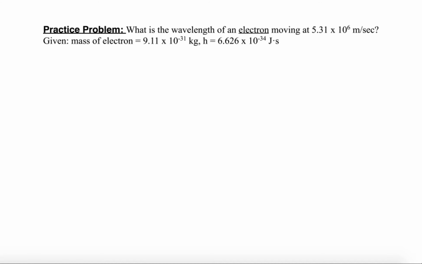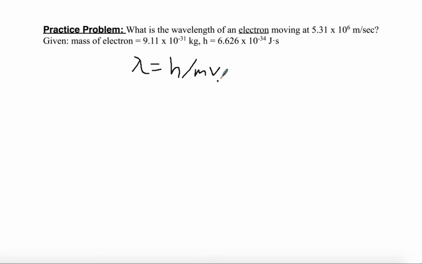So let's take a look here. We want to know what is the wavelength of an electron moving at 5.31 times 10 to the 6 meters per second. We're told the mass of an electron is 9.11 times 10 to the negative 31 kilograms, and Planck's constant is what we just saw before. So we have that our wavelength is equal to h, Planck's constant, divided by mass times velocity.